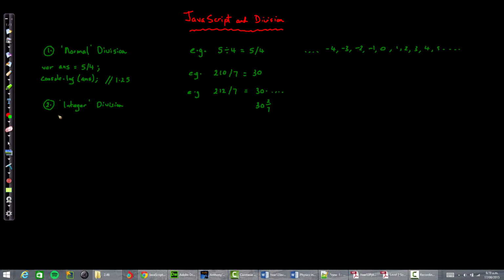Well, in JavaScript, the only way to really achieve that is to use a maths property, and it sounds a little weird, but this is the way it goes.